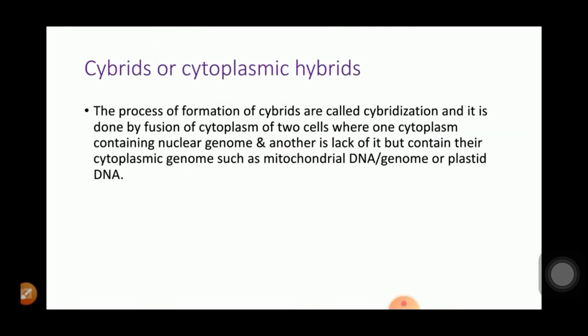So in the case of cybrid formation, basically we are taking the fusion of cytoplasm of two cells where one cytoplasm contains a nuclear genome and the other lacks it, but it contains its own cytoplasmic genome, and the cytoplasmic genome is mitochondrial DNA, or we can say plastid DNA or plastid genome.